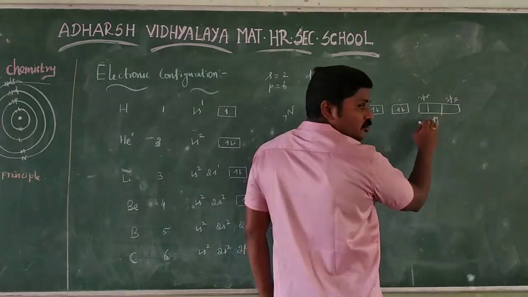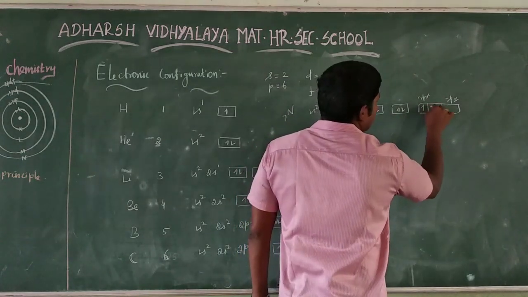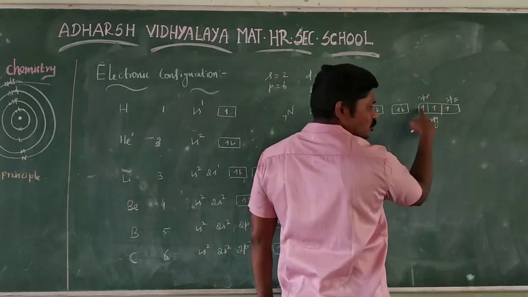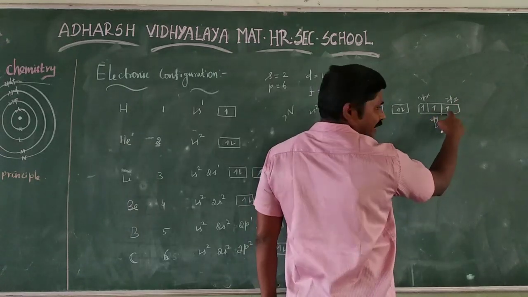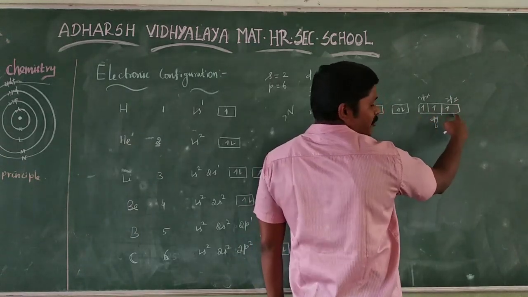According to Hund's rule, 2p3 is 2px1, 2py1, 2pz1, equal energy orbitals.